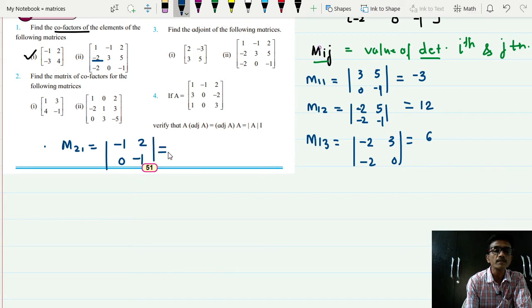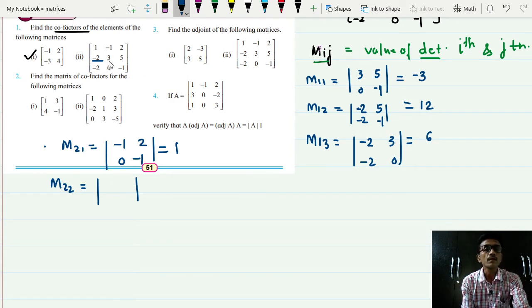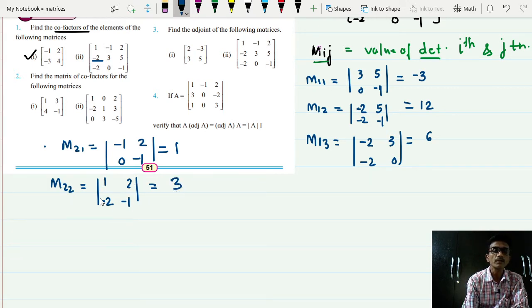The expansion is 1. Then M22 is the value of the determinant for second row and second column: 1, 2 and minus 2, minus 1. The value of this determinant will be minus 1 and plus 4, that is equal to 3.